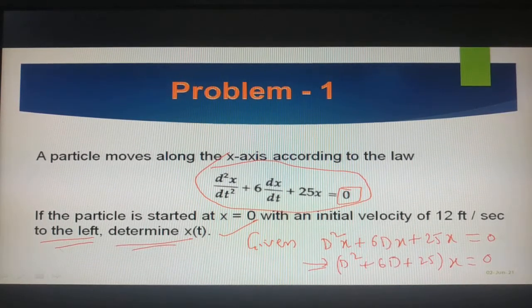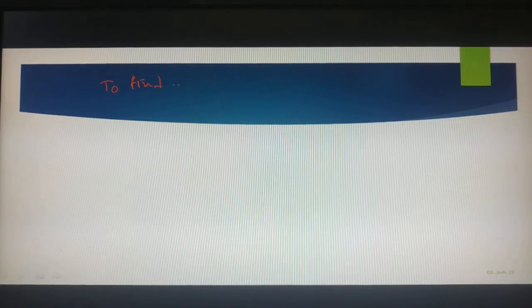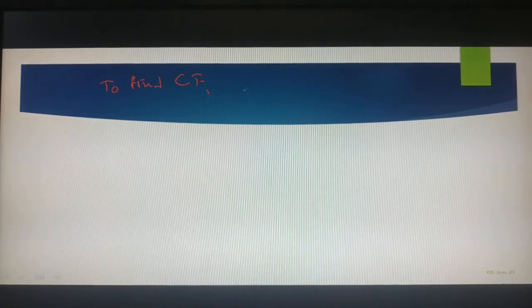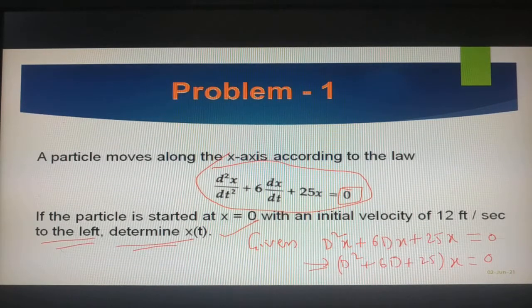Now it's a homogeneous equation, so we are going to find your complementary function. To find the complementary function in this problem, we have to take the auxiliary equation without disturbing the differential equation.